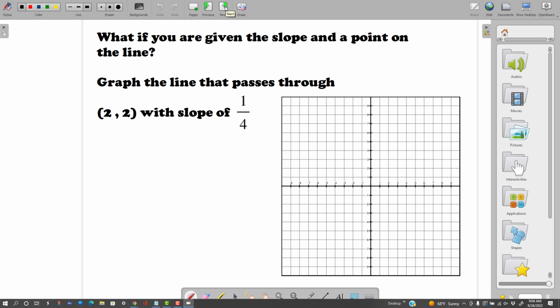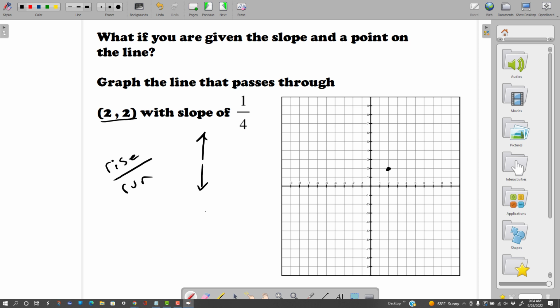What if we are given a point and the slope? So I'm going to start by plotting the point (2, 2). And then remember that slope is rise over run. Rise meaning do we go up or down from the starting point.